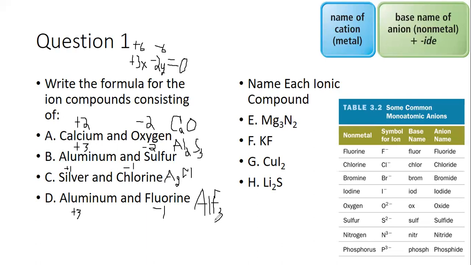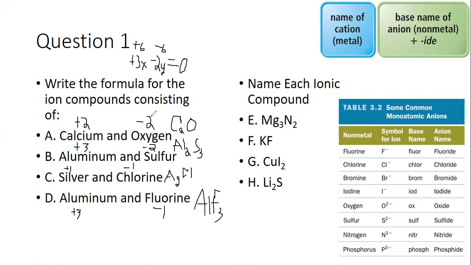So all of these are metals: magnesium, potassium, copper, and lithium. All of them are metals that only have one type of charge. So on the test, just be aware that this will be mixed up. I'm not going to be obvious and say this metal only has one type of charge. This is something that you need to learn. So make sure you know which metals have one type of charge by looking at the periodic table.